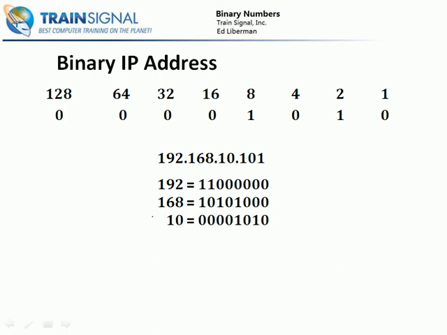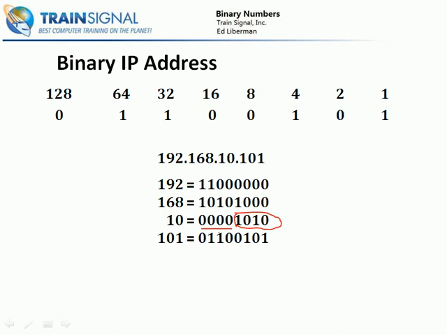Now the 10 converts to 00001010, and finally 101 converts to 01100101. Now one thing I also want to point out is typically when you look at a number, you would not include the preceding zeros. In other words, 10 in binary is very often just known as these 4 digits right here, 1010, and that's it.